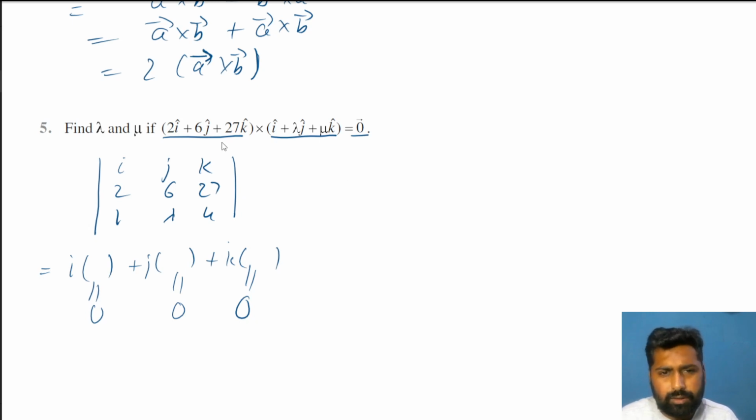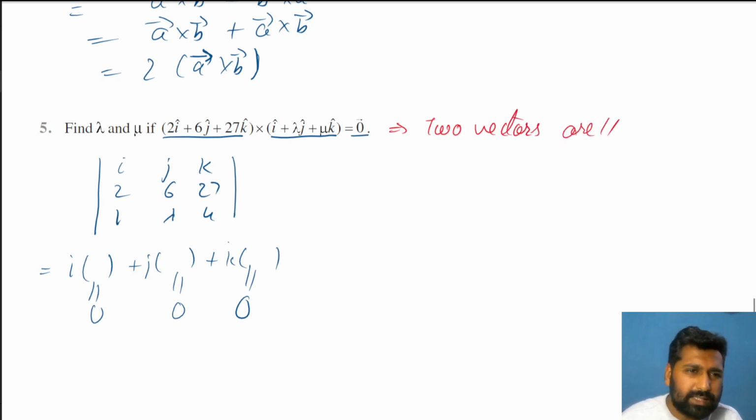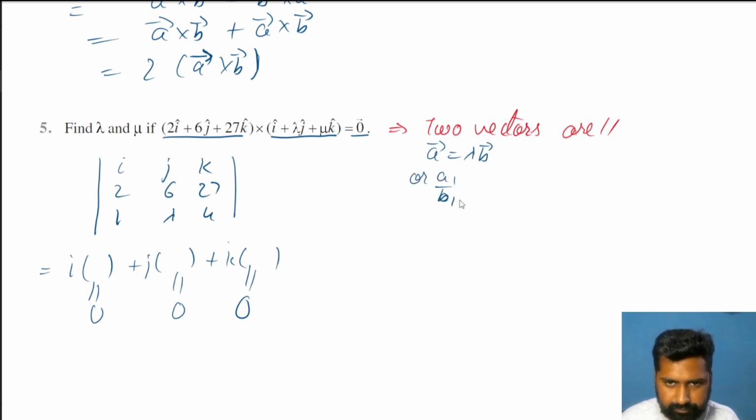If you are doing a cross product and it is coming 0, what is the interpretation? That the 2 vectors are parallel. If the 2 vectors are parallel, what is the condition that I told you? That A is nothing but lambda times B, or the other way to say it is A1 by B1 is A2 by B2 is equal to A3 by B3, meaning the components should be in ratio.